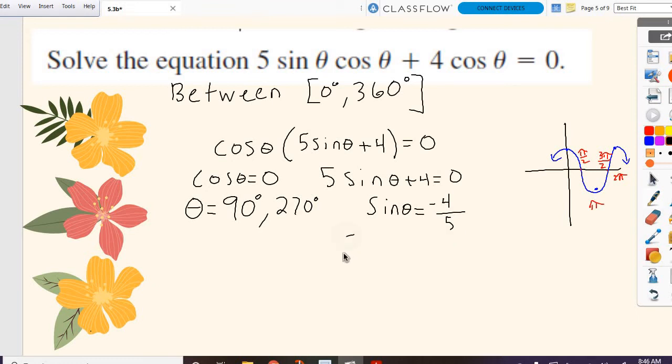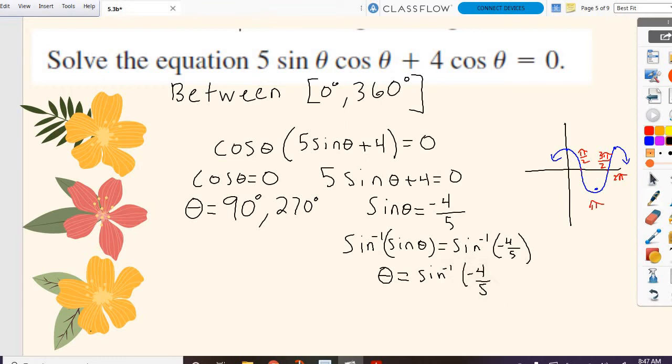My inverse of sine is inverse sine. So I'm going to take the inverse sine of both sides. And when I take sine inverse of sine, I will get just theta. And then we have sine inverse of negative 4/5.